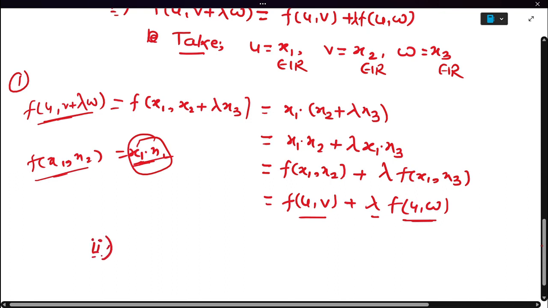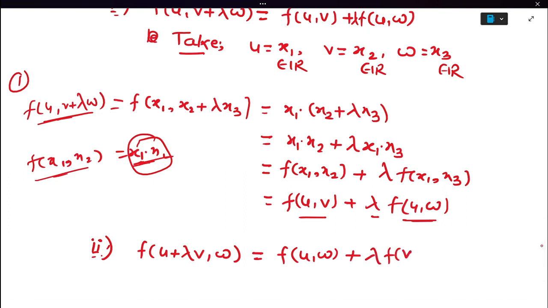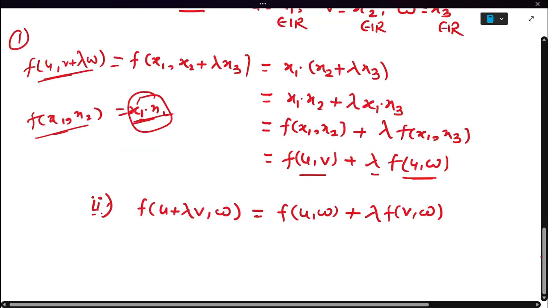So this is also easy to prove: that f(u plus lambda v, w) equals f(u, w) plus lambda f(v, w). We have to prove this statement. Okay, so the LHS is (u plus lambda v, w), and we know the values of u, v and w, so we can put them here.